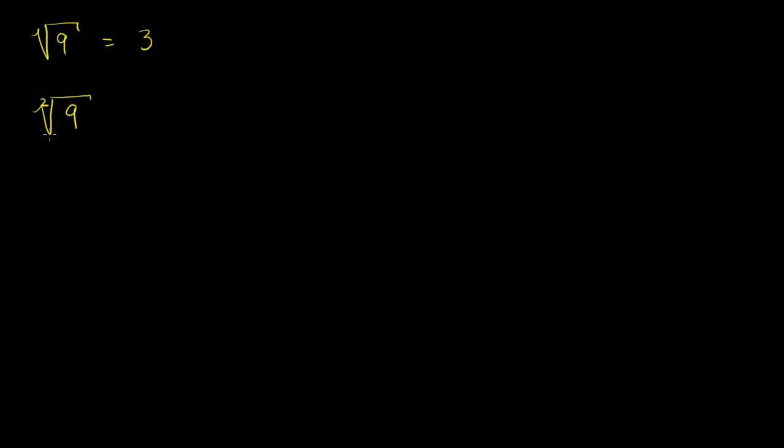And the radical sign doesn't just have to apply to a square root. You can change the index here and then take an arbitrary root of a number. So for example, this is called the cube root, or you could call it the third root of 27. What is this?